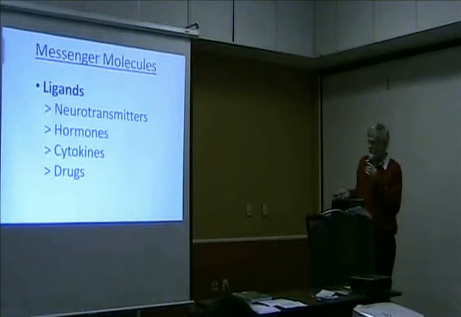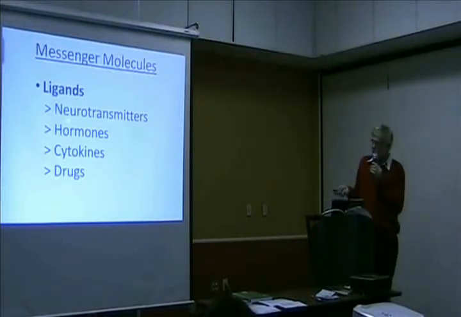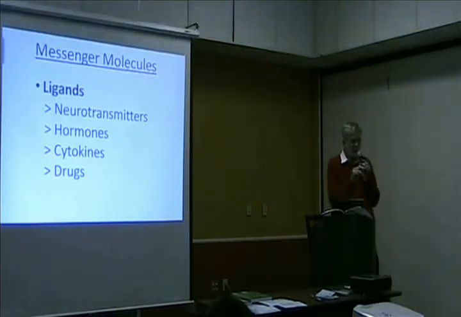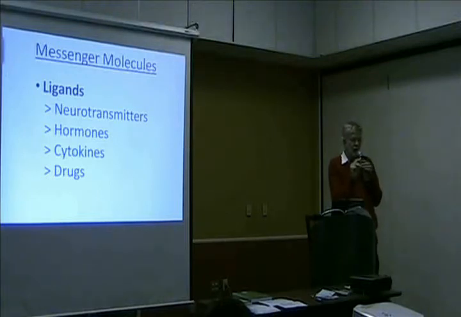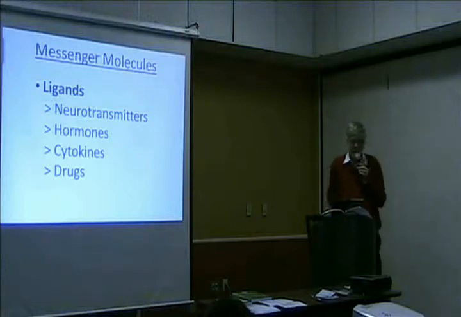And there are four primary types of ligands. Neurotransmitters, and the definition of a neurotransmitter is that it's a messenger molecule, okay? It carries a message from one nerve cell to the next, but it's in very close proximity. Okay, it's right next door, so it doesn't travel a long distance.